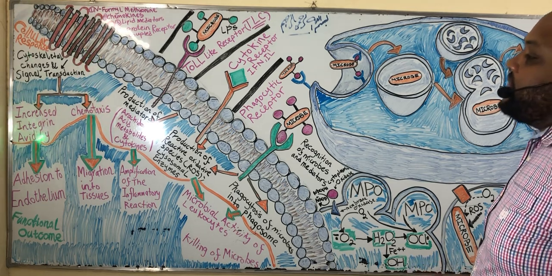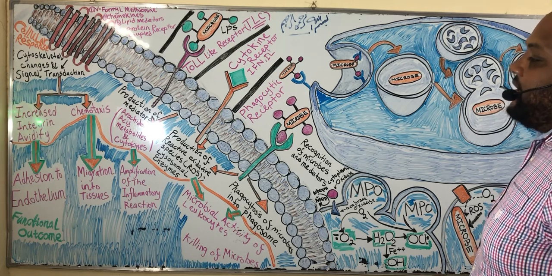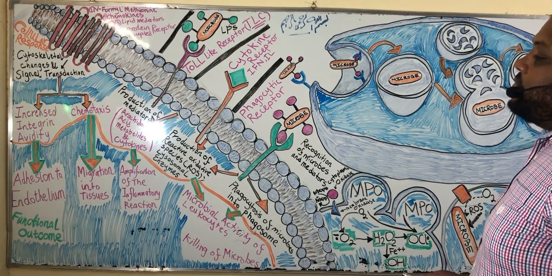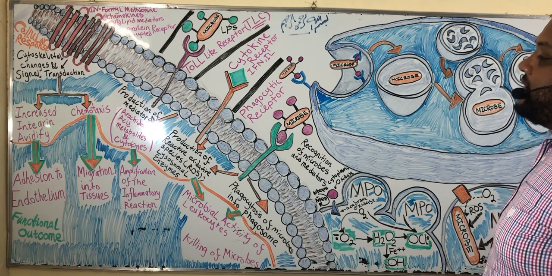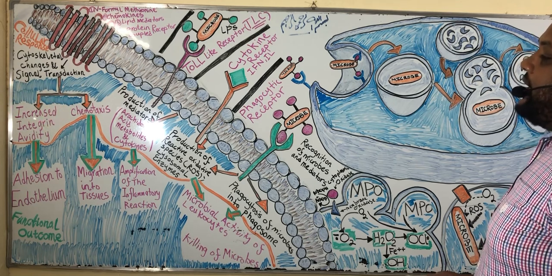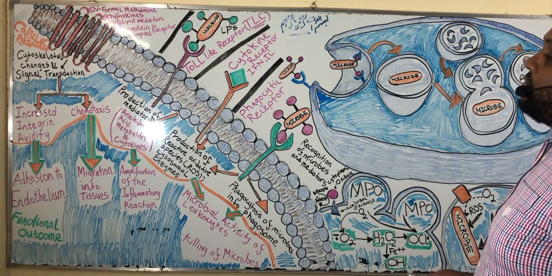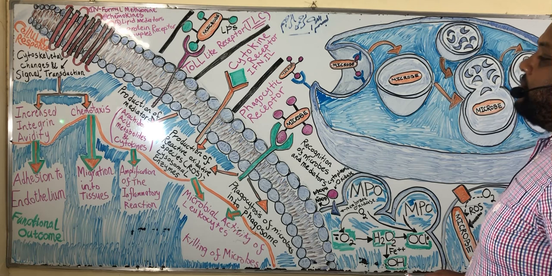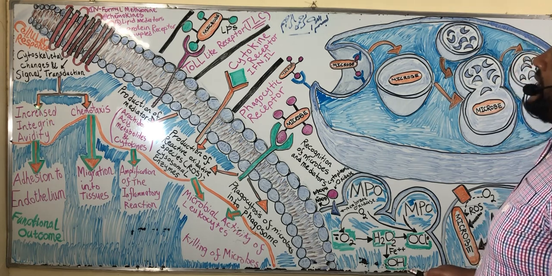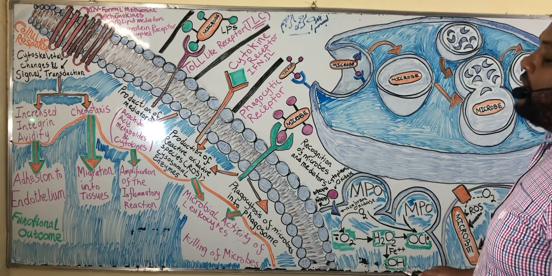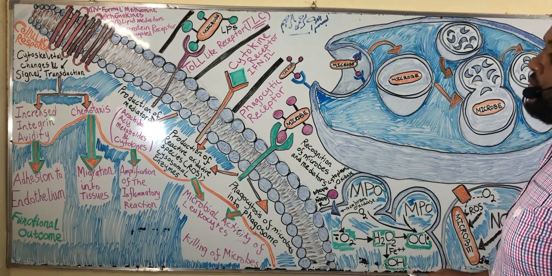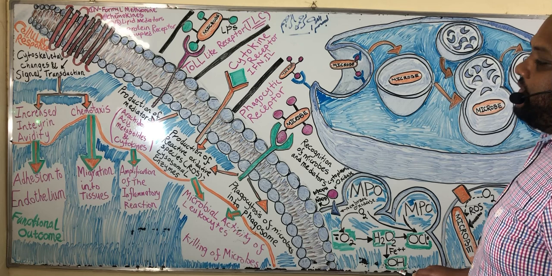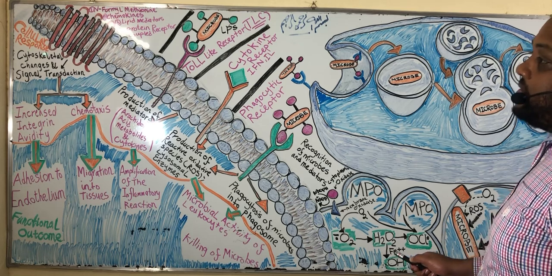And there will also be increased integrin avidity, where in the endothelium we have these leukocytes adhering tightly and stabilizing in the endothelium in order for them to be able to be dragged from the blood circulation so they can leak out and move through the interendothelial gaps and move to the site of the inflammation. That's the second stage, cellular response.